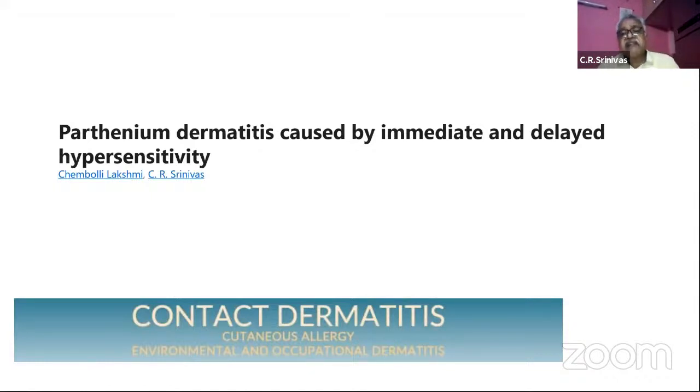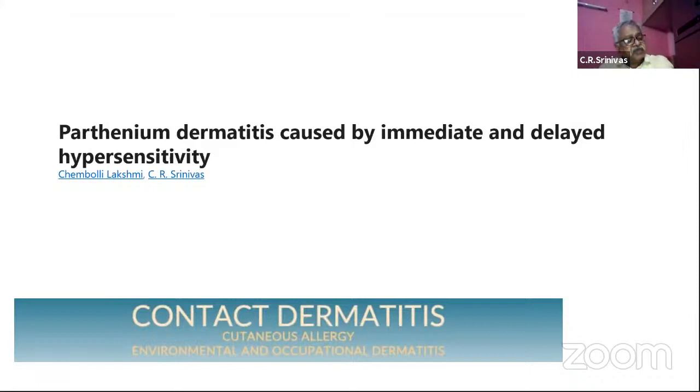But what we did find was Parthenium dermatitis can be because of all three, type 1, type 3, and also type 4 dermatitis. In other words, type 1 can cause immediate, and type 1 can cause delayed, that is the late phase reaction.